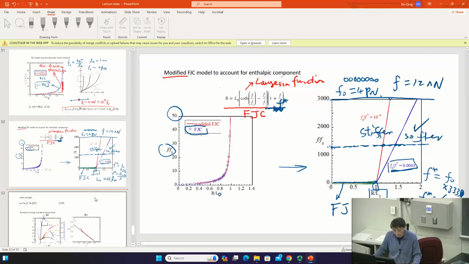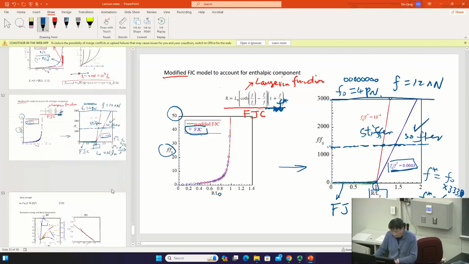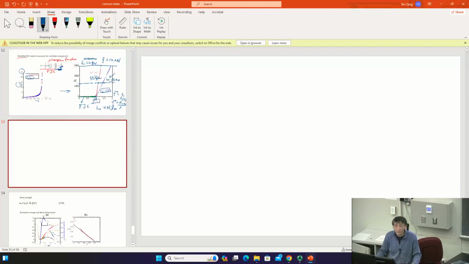The next thing we should worry about, I know my notes is here, but I may have to rearrange it slightly. The next thing we should worry about is how about breaking the chain, right? Okay, how about breaking the chain?